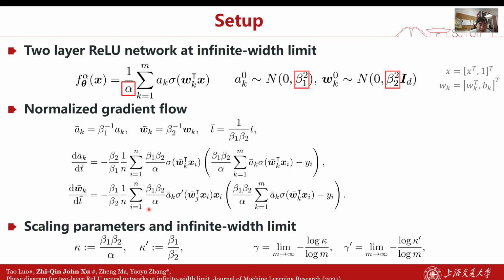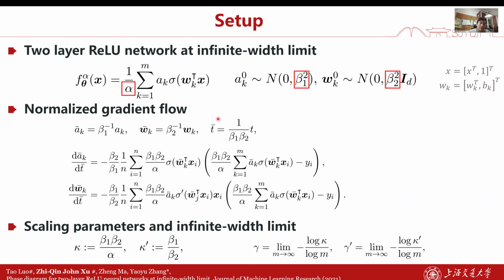And now let's take a very careful look at these two gradient flows. We can see that there are some coefficients here that are very important, and note that the evolution time is also scaled, but we only care about the final result. We don't care about how much time we train the neural network.